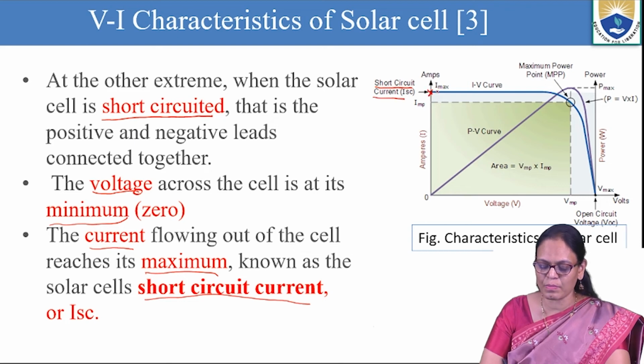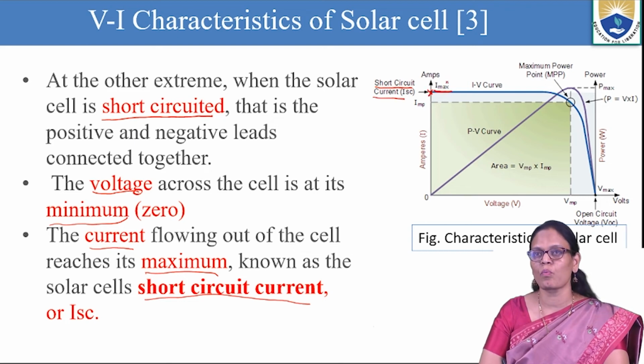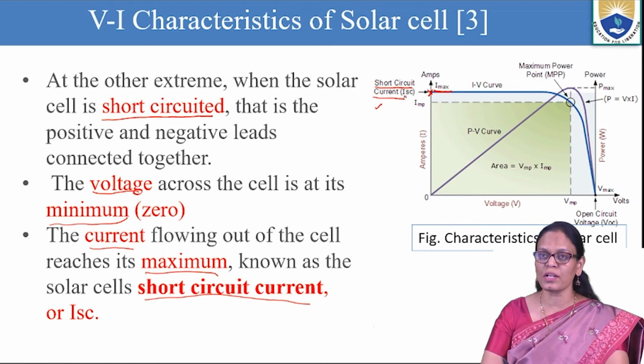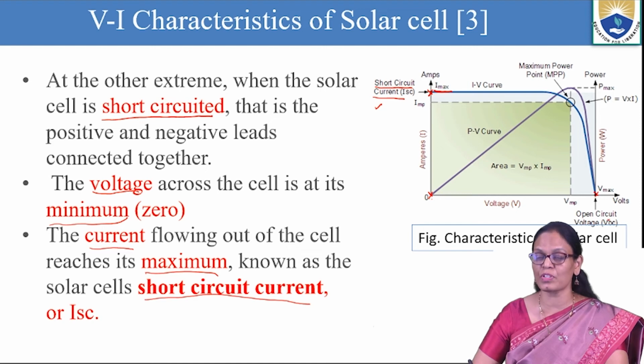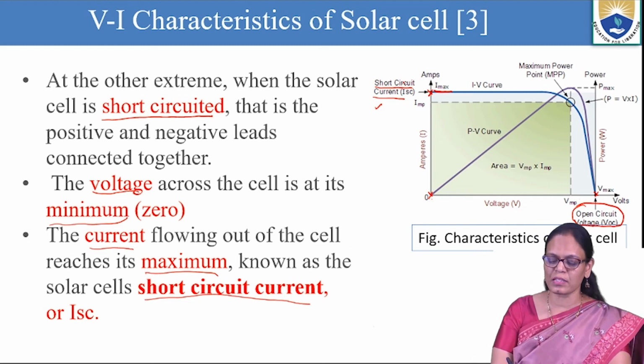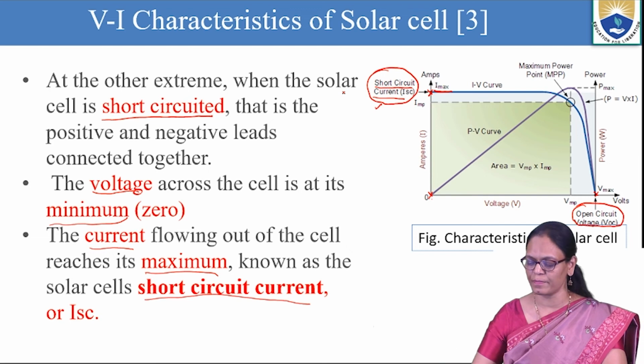I'll say this is maximum, I max. What I max denotes is the maximum current, which we call the short circuit current, and it occurs at the minimum voltage, 0. So this is the maximum voltage, which we call the open circuit voltage. And this is the maximum current, that is the short circuit current.